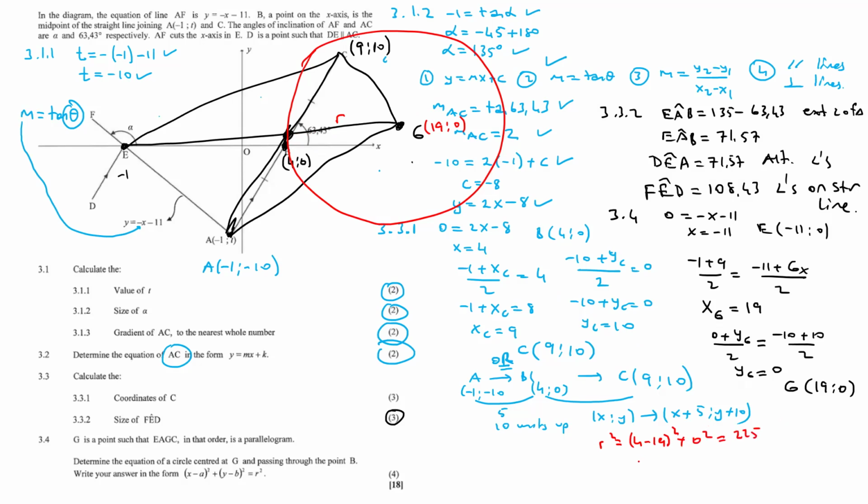The equation of the circle will be x minus 19 squared plus y squared is equal to 225. Okay. 1 mark for finding 225, 1 mark for finding negative 11, the coordinates of E, 1 mark for 19, and 1 mark for the equation. That's all 4 marks.